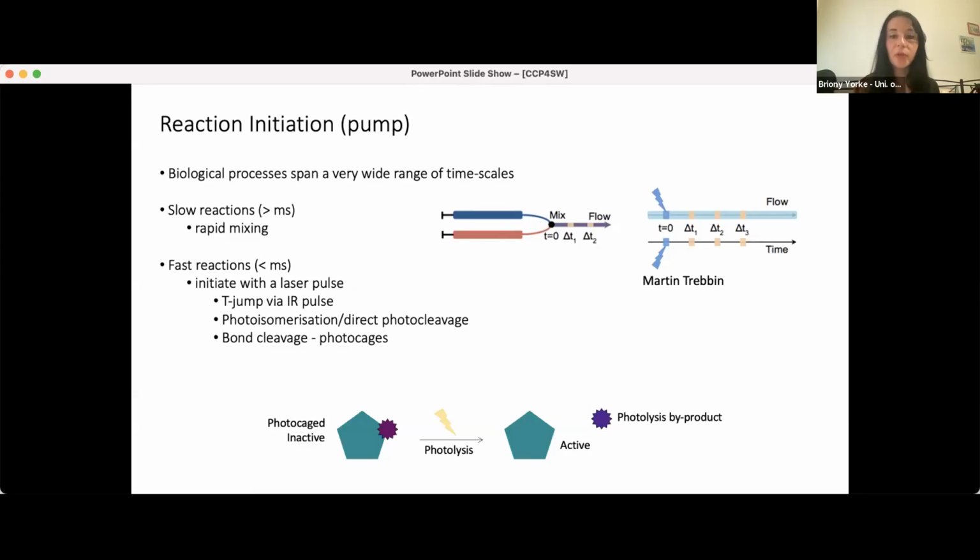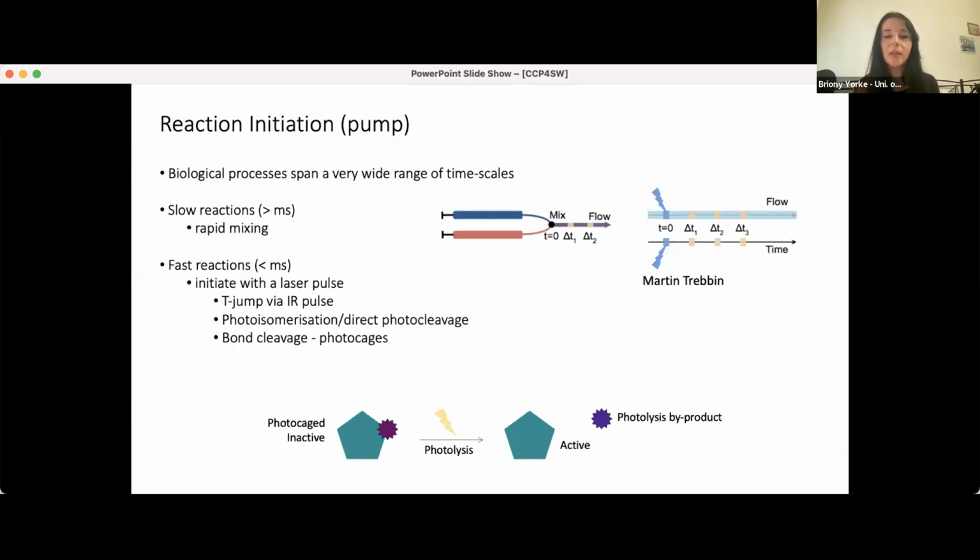And then when we remove that photocage, the reaction can start. Although it's not as fast as photoisomerization or direct photocleavage, using photolysis through photocaged ligands can actually help us to access nanosecond time resolutions.